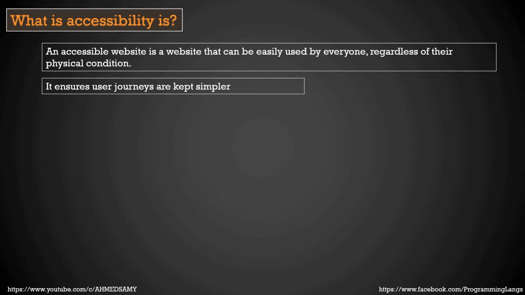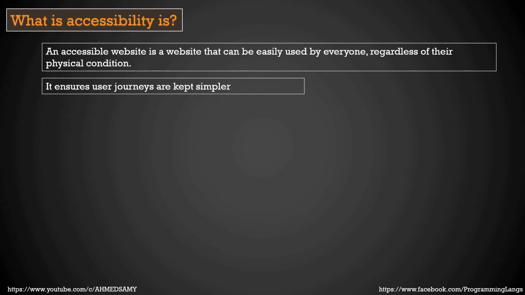It also ensures user journeys are kept simpler. By implementing accessibility in mind while you are developing your web application, you will make sure that your site is easy to use, because if a user with some kind of disability is able to use your website, you can imagine how much easier it will be for the normal user.